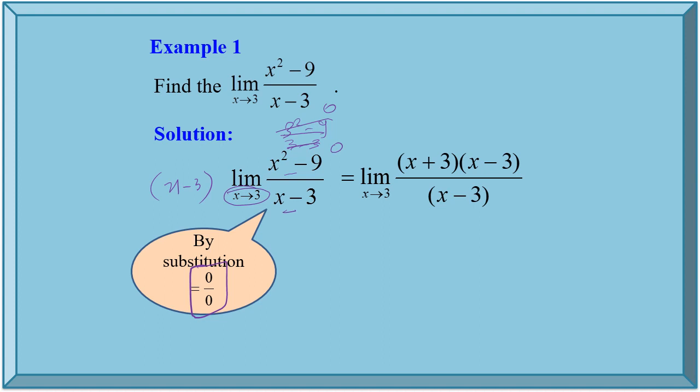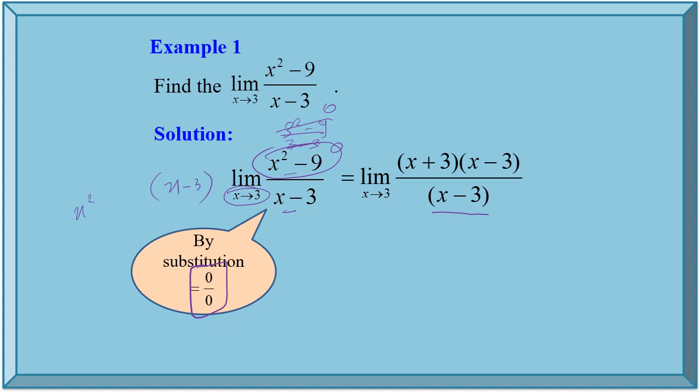The denominator, we have the factor form already, x minus 3. But for x squared minus 9, if you didn't see that this can be factorized, this is quadratic, really simple. You can directly factorize by using your calculator. But if you get a cubic function, what you can do is to do the long division.